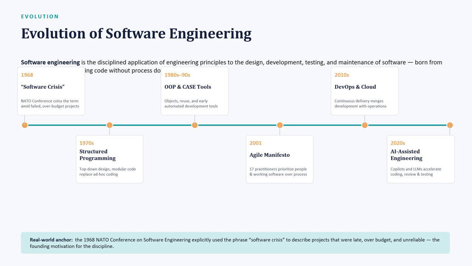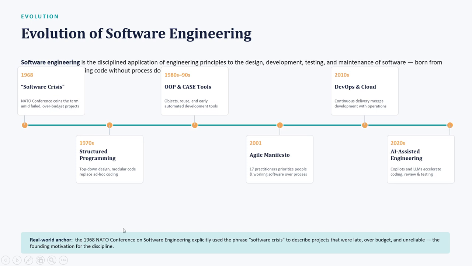In this, we can see in 1968 the first software crisis, then structured programming came, then OOPS and CASE tools, then the Agile Manifesto, then DevOps and cloud, then AI-assisted engineering, all the AI materials came in the 2020s.